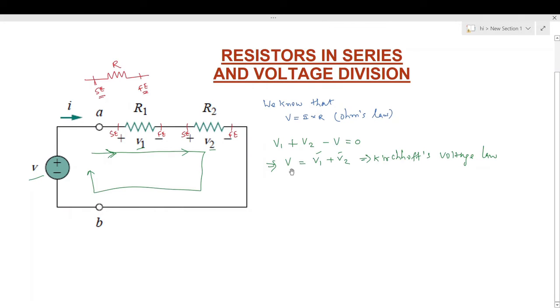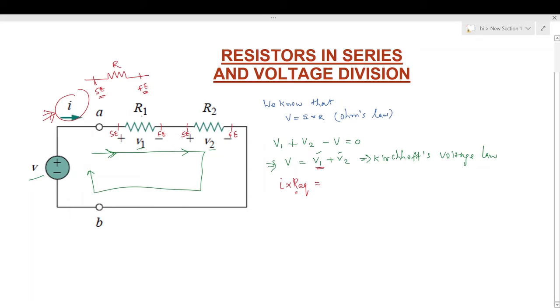How? We will apply Ohm's law here, that is V equals I into R. We take V equal to the circuit current I, the amount of current which is flowing in this circuit, into I don't know the value of the equivalent resistance of this circuit, so I will just write R equivalent. That is equal to V1, the voltage drop across R1.